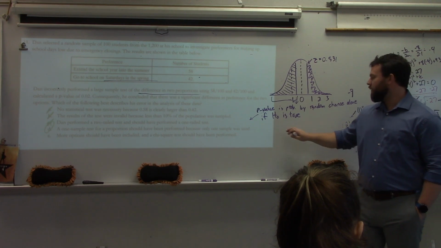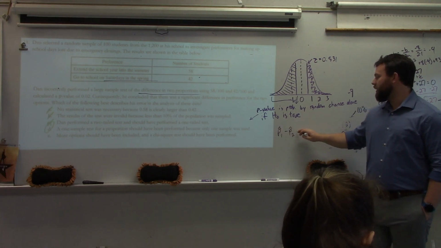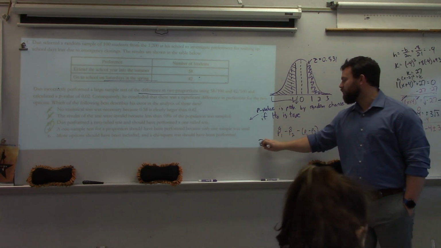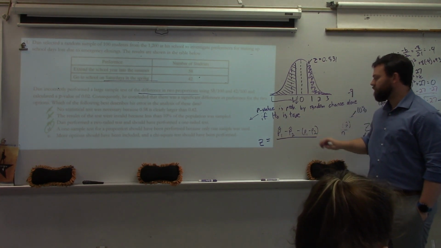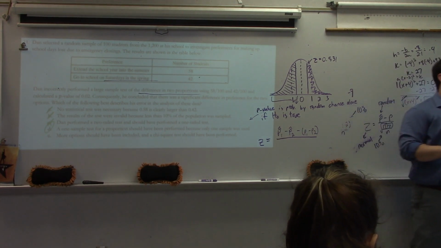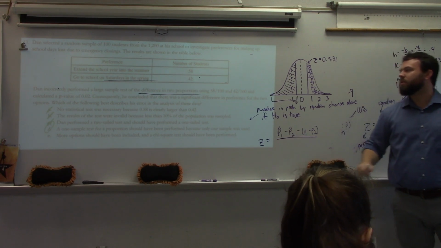So what is a difference in proportions? It is this. Looking at the difference in proportions. That difference in proportions is not one-tailed versus two-tailed. Difference in proportions is literally a difference in the two proportions.